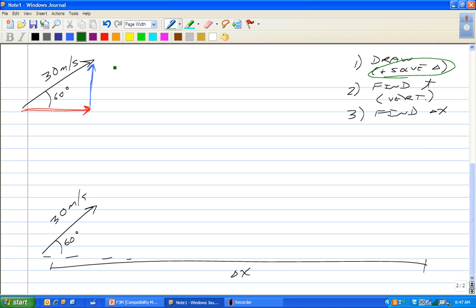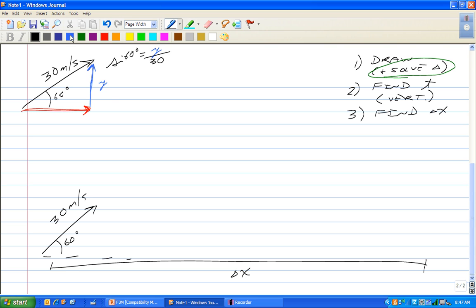Which in this case, how are we going to do that? Good, sine and cosine. Which one, horizontal or vertical, is going to use sine? Vertical is sine. So sine of 60 degrees, make sure your calculator's in degree mode, is equal to that blue y divided by the hypotenuse 30.